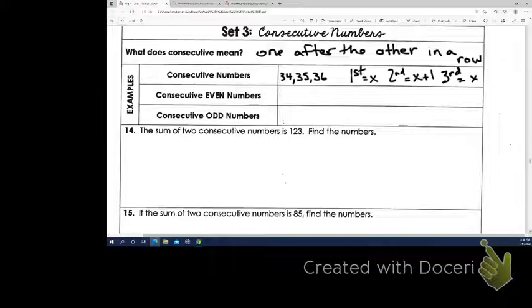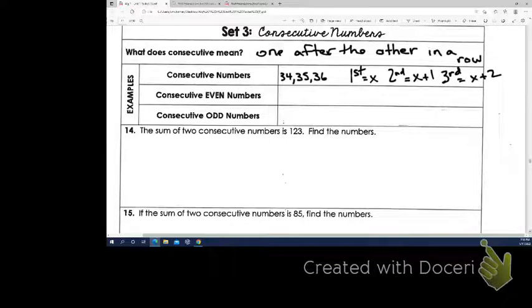If it's one more than the second one, then really what we're saying is it's 2 more than the first one. So any problem that is consecutive numbers, sometimes you'll only need 2, sometimes you'll need 3. You can have problems where there are 4 or 5, but not real often. But that's your kind of setup of what the different numbers are.